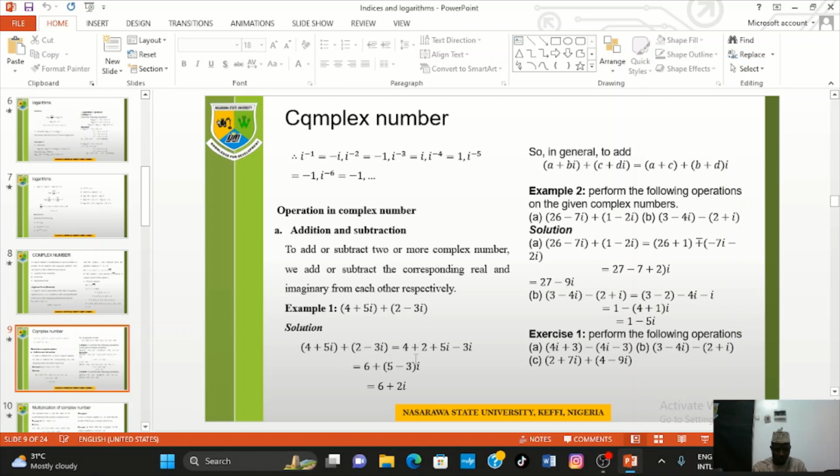So then we have our result as this. 4 plus 2 will give us 6. Then 5 minus 3 will give us what? It gives us 2. So we have our result now to be 6 plus 2i. So in the addition, the imaginary goes with the imaginary, the real goes with the real.